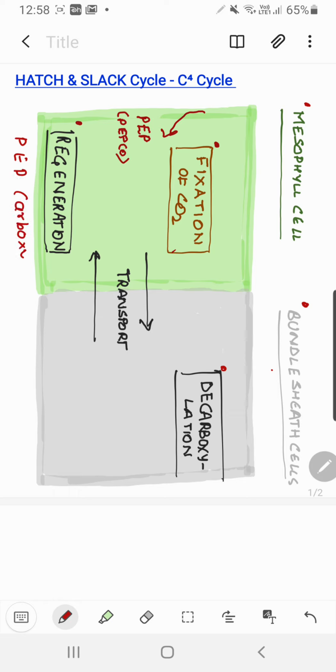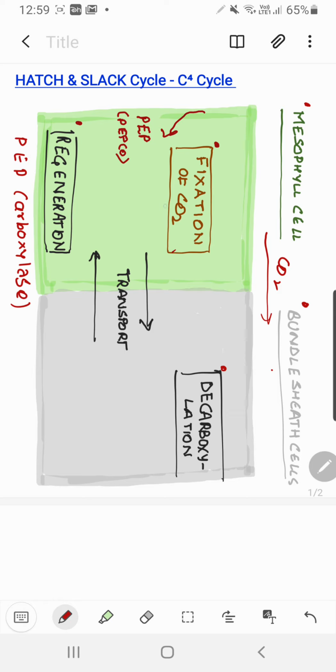Now this enzyme plays a crucial role in fixing the atmospheric CO2. And understand that mesophyll cells have the role of only loading the CO2 and transferring it towards the bundle sheath cells. So this is just the carrying of CO2 from one side to the other.